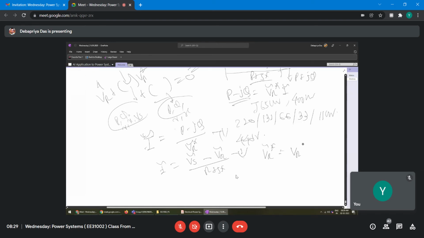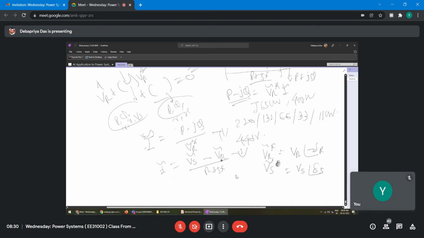Right. VR tilde conjugate: VR is the magnitude, because every time I do not put a bar. Whenever I put VR tilde it means a phasor quantity, and if it is not, in numericals, you would understand from your intuition. This is VR; if its angle is delta R, then the conjugate will be minus delta R, right? Similarly, VS tilde, not star here, is equal to VS, its magnitude, with angle delta S. So I is equal to this one, right?